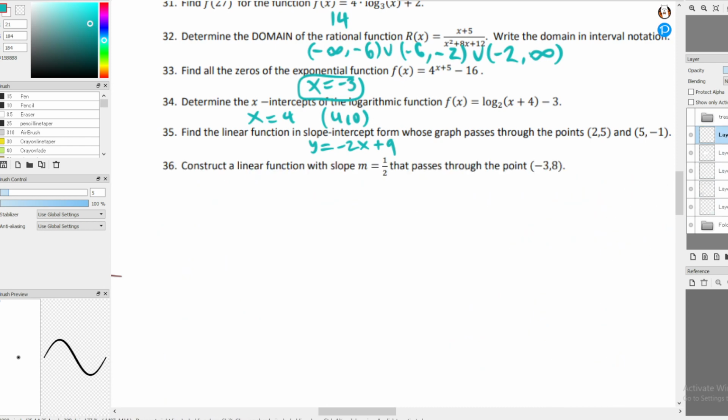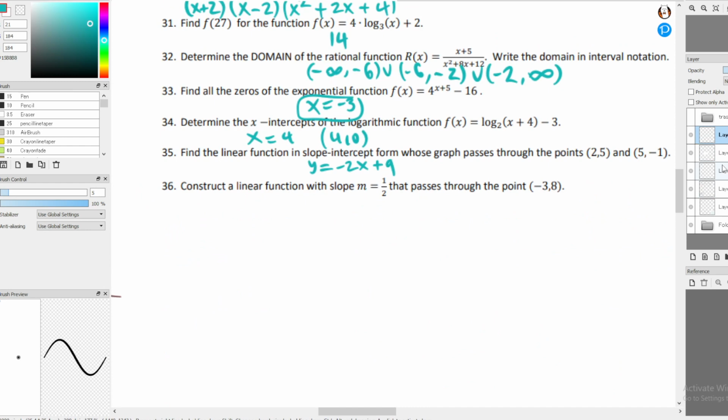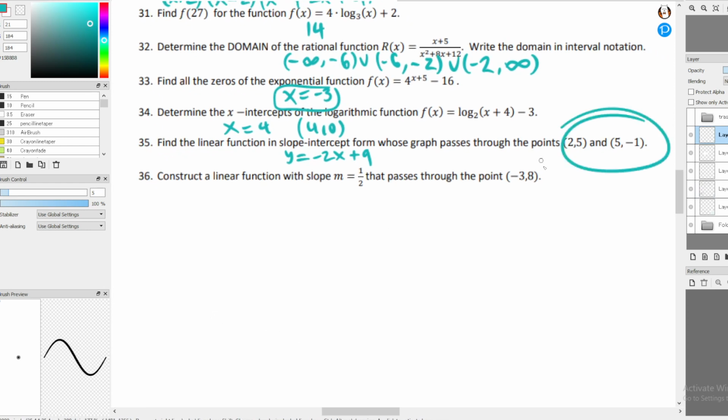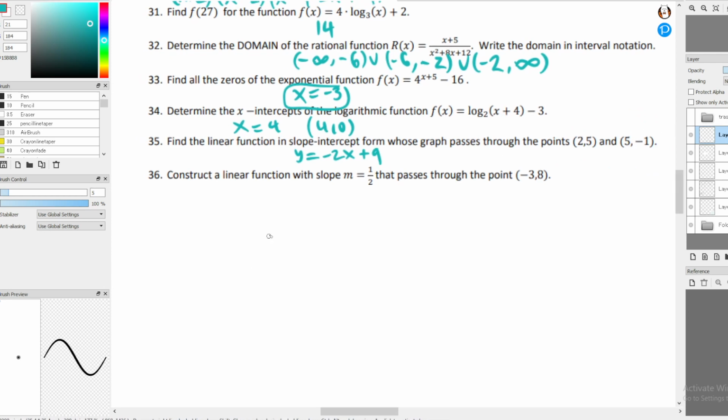36 says construct a linear function with the slope m equals 1/2 that passes through the point negative 3, 8. So our linear function, it's so nice for us because it gives us an actual slope. So we don't have to use our slope formula, but we still do need to replace our points. So 8 is equal to 1/2 times negative 3 plus b.